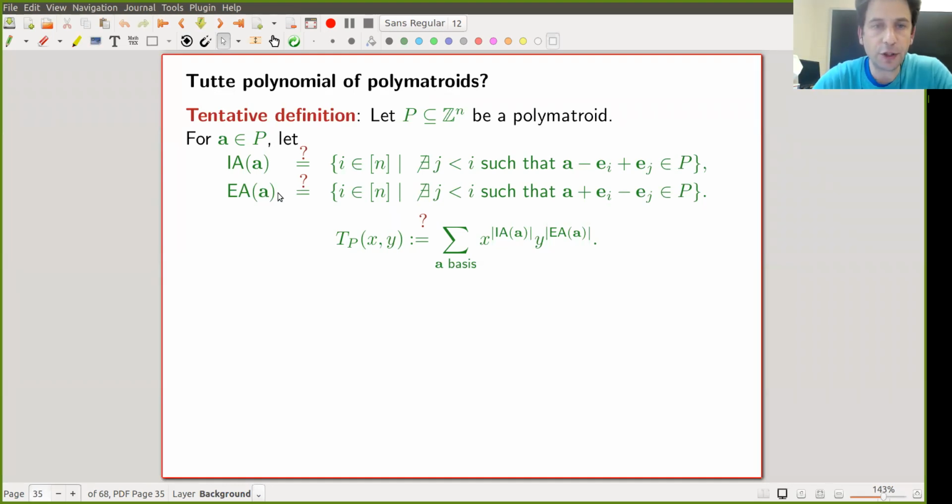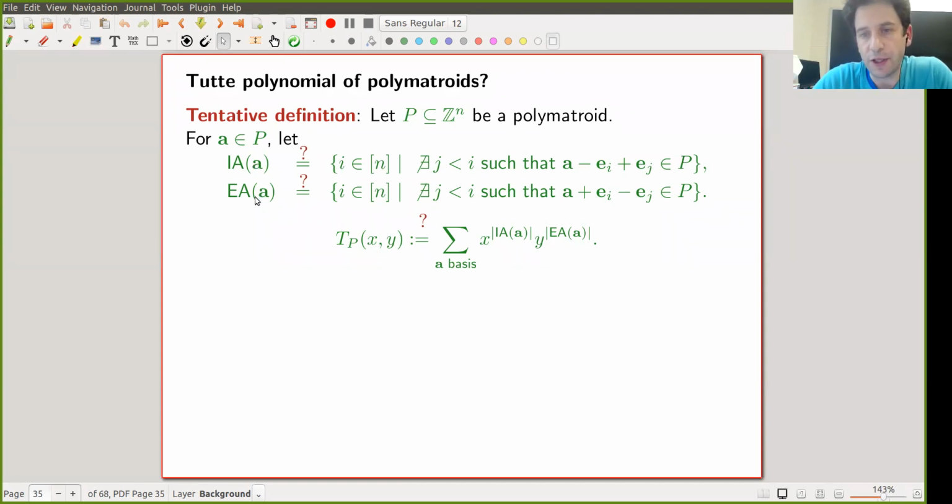A natural definition for internally active would be an index I of the ground set that cannot be replaced by a smaller element again, in the sense that you cannot decrease the coordinate in I, and increase the coordinate in J, and stay in P. So if you cannot decrement I and increment a smaller J, then you say that you are active for it.